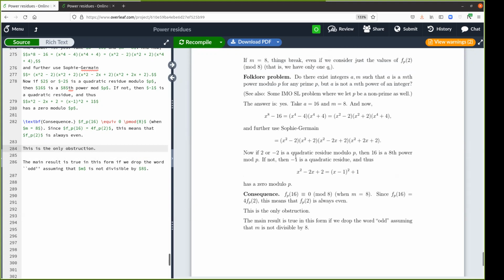So this ad hoc construction we gave here is essentially the only surprising thing that arises in this kind of structure on power residues modulo primes.